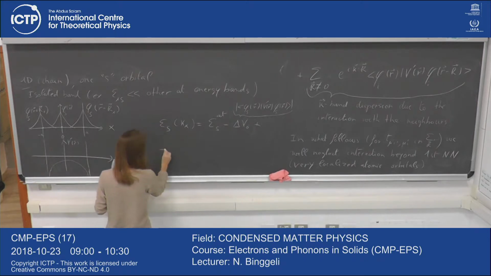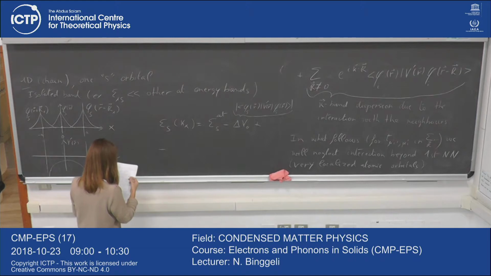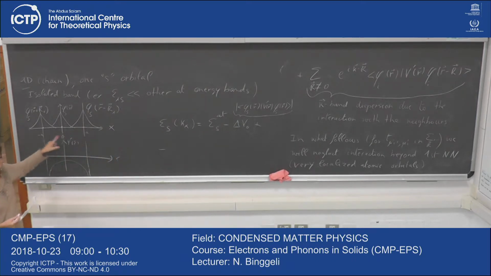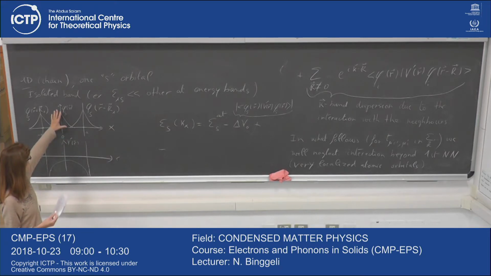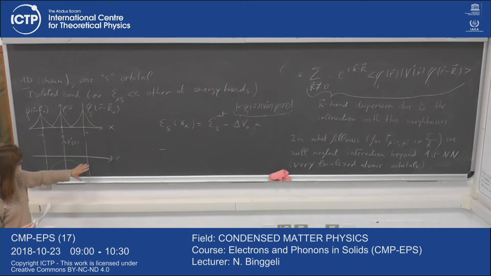And then for the other part, the sum over R, I will have to sum over the first nearest neighbor at A and minus A. So if I consider the case A, I will have the matrix element between this orbital, complex conjugate, this orbital, and this potential, which is attractive.